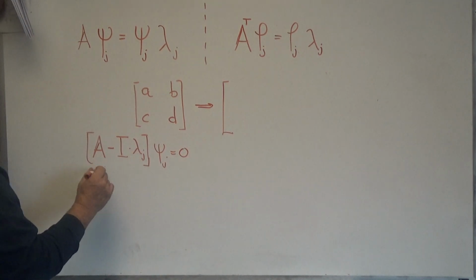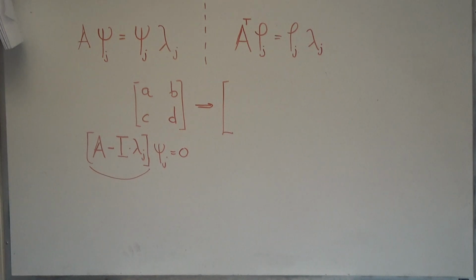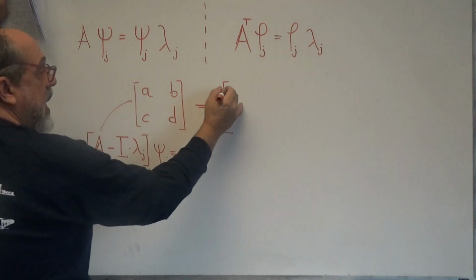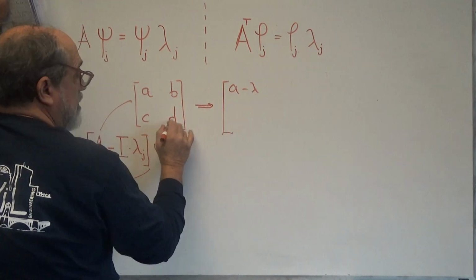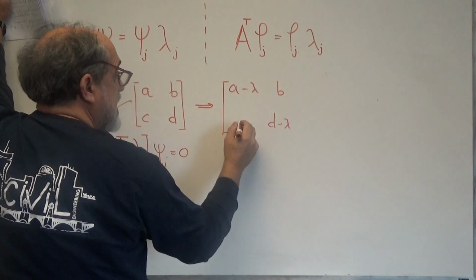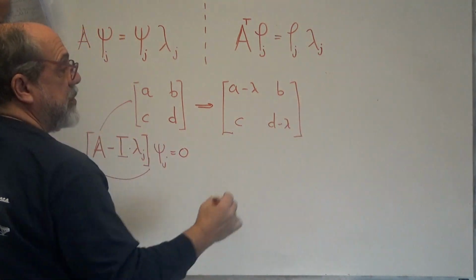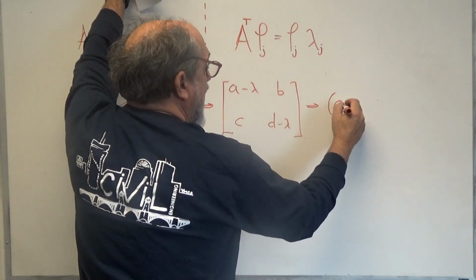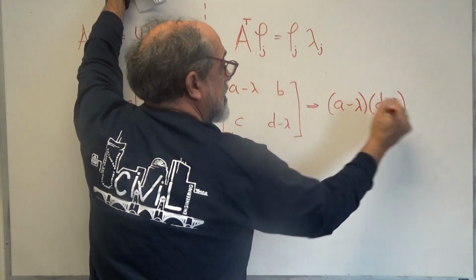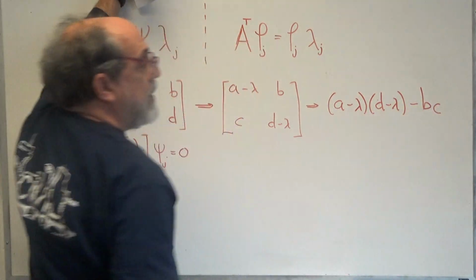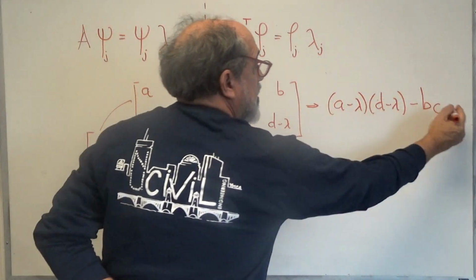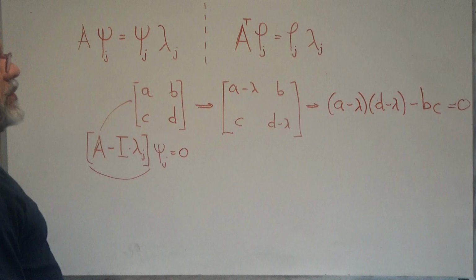So the characteristic polynomial of this matrix must be 0. This matrix, A minus lambda, D minus lambda, B, and C, has characteristic polynomial equal to A minus lambda times D minus lambda minus B times C, right?